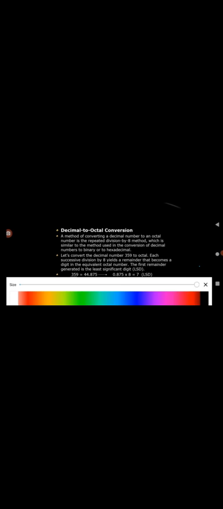Now here, before doing that, we have to multiply this 0.875 by 8, which gives you a 7. Again we have to divide 44 by 8, which gives you 5.5. Again this 0.5 is multiplied by 8, which gives you 4.